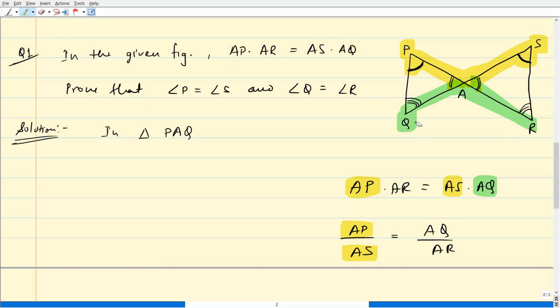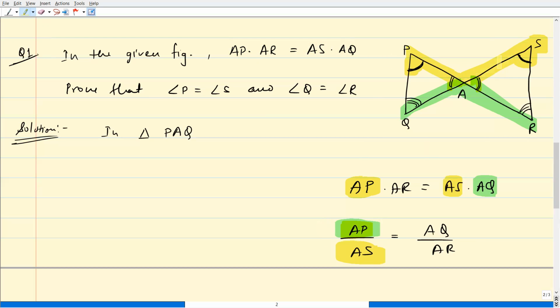Okay. See, when we say that angles are equal in similar triangles, we have to take the corresponding sides and corresponding vertices, right? In this ratio, you have proved that AP by AS is equal to AQ by AR, correct? So this side AP corresponds to which one?